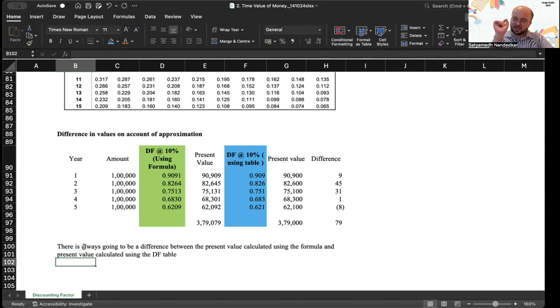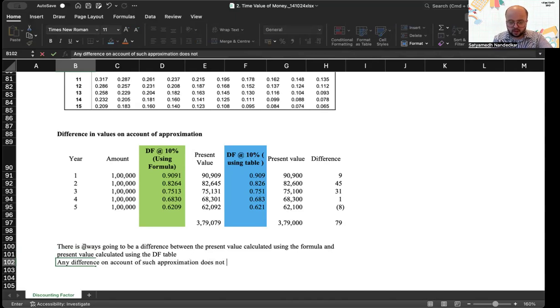But the difference is so small that it never impacts your final answer. Any difference on account of such approximation does not impact the calculations and your final answer. You will get full marks.